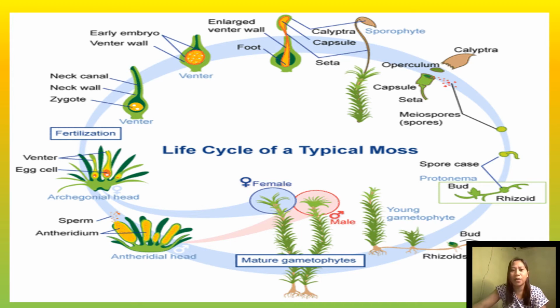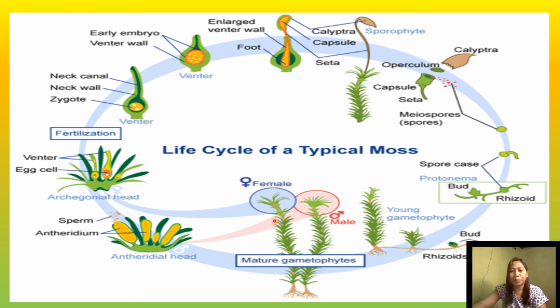Alright, so how do moss reproduce their own kind? Let us start with the first step where a leafy moss plant produces 2 branches. So this is the first branch, which is the male branch, and this branch produces the sperm cell, while the other branch is the female branch, which produces the egg cells.